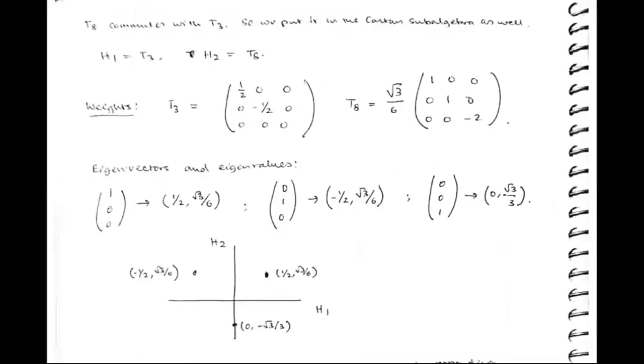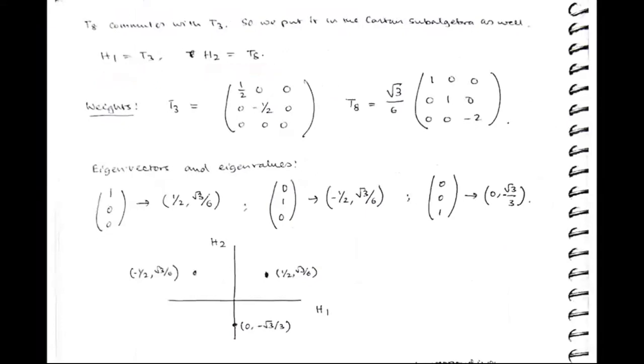Okay, so it's convenient to put T3 in the Cartan subalgebra, and that would also mean that you're going to put T8 in that as well. So H1 and H2 are going to be T3 and T8.